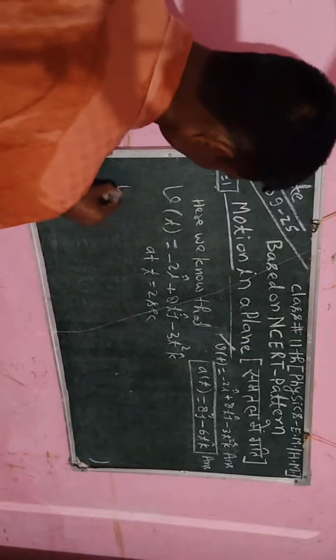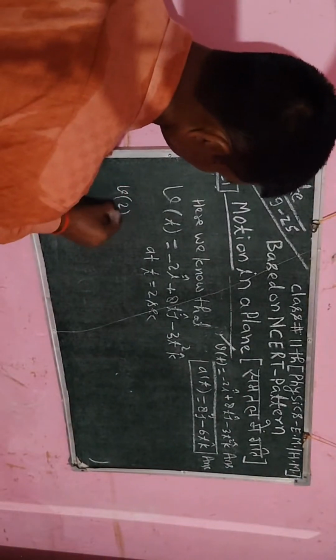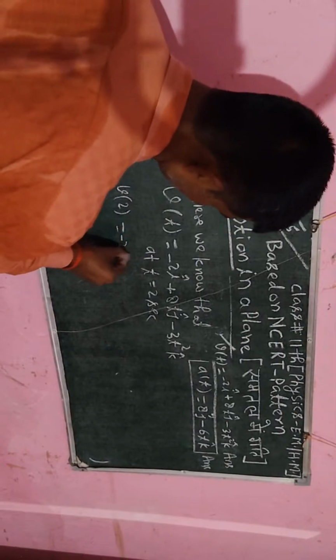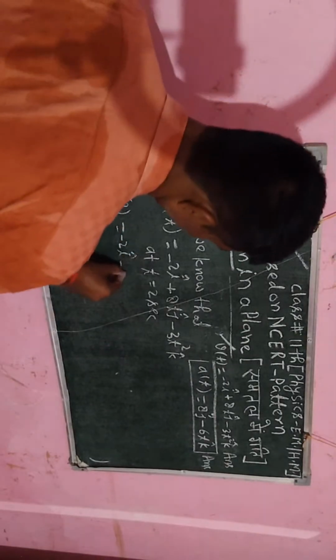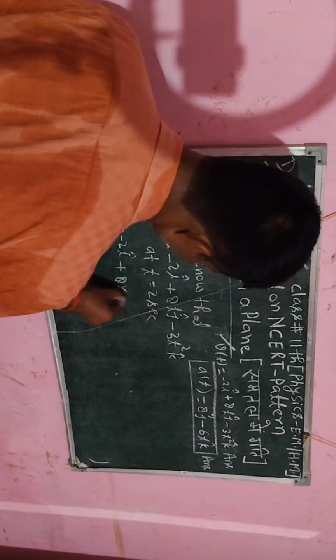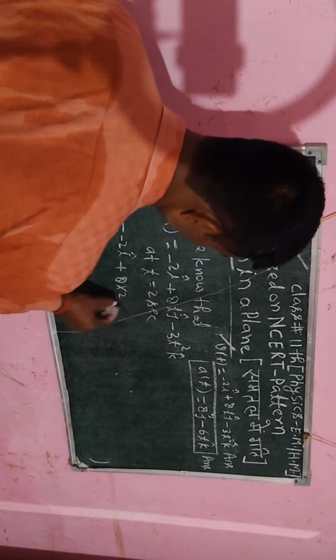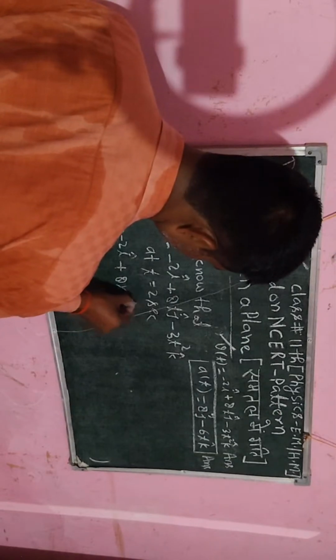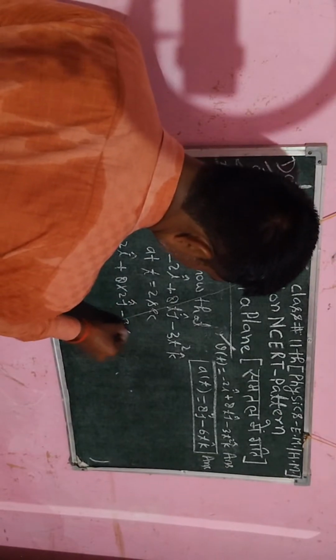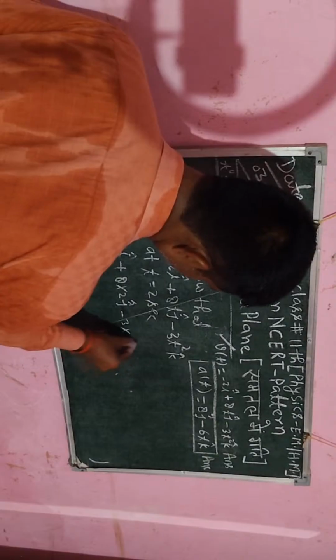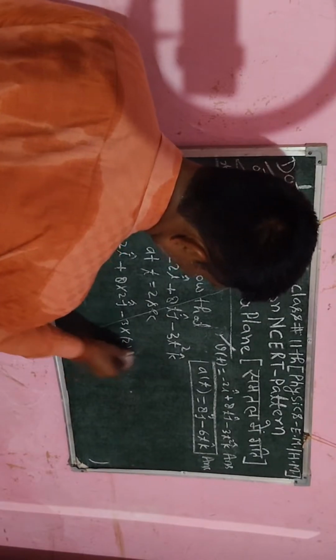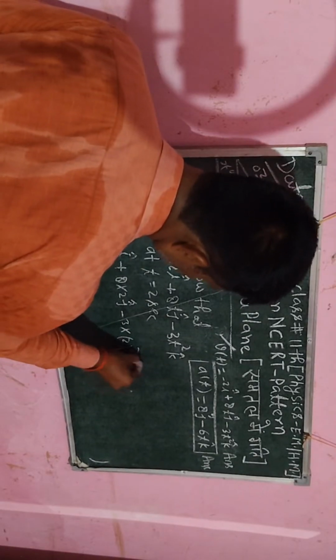So I will put v of 2 is equal to minus 2 vector i plus 8 into 2 in the place of t, vector j, minus 3 into 2 to the power 2 in the place of t, vector k hat.